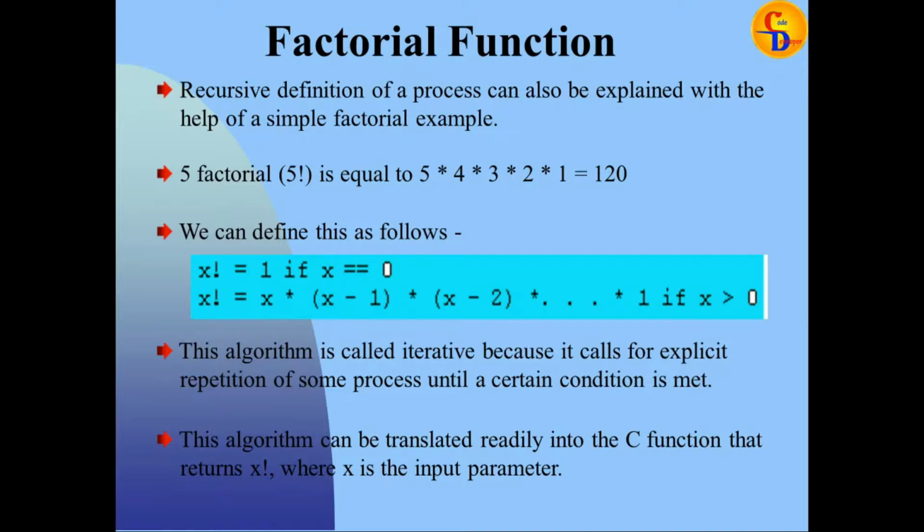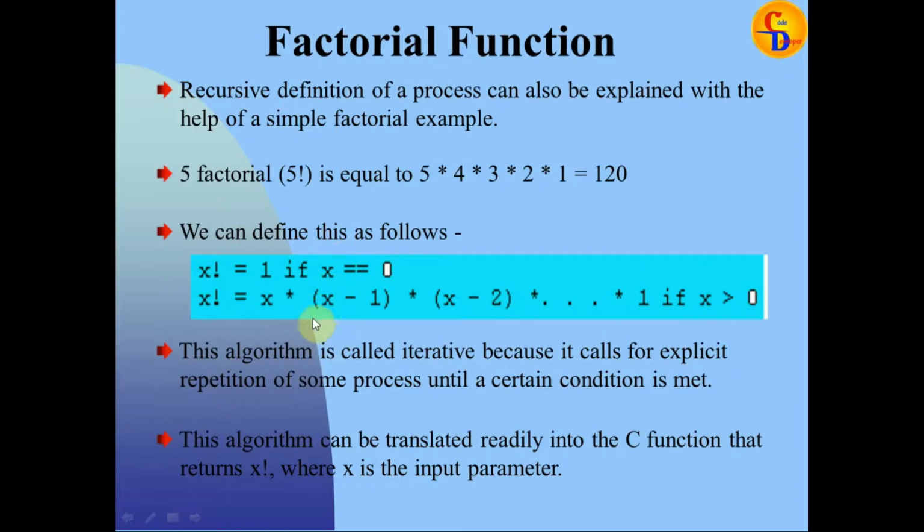We can define this process as follows: x factorial equals 1 if the input value is 0. The factorial of 0 is 1.